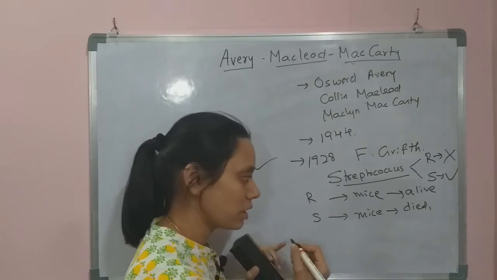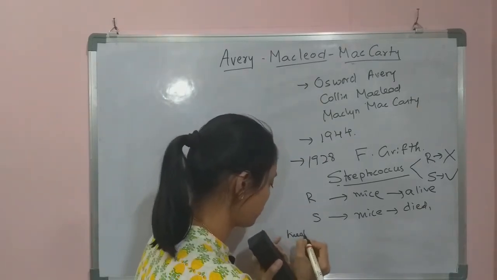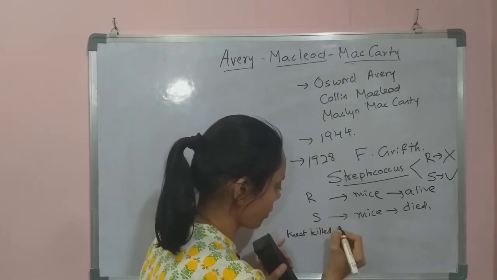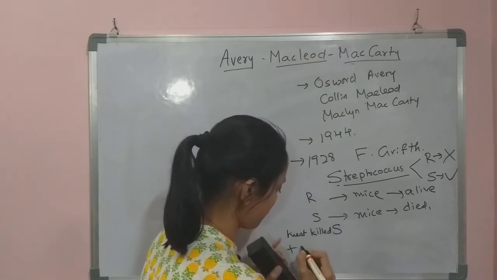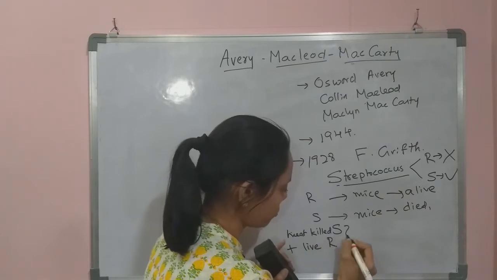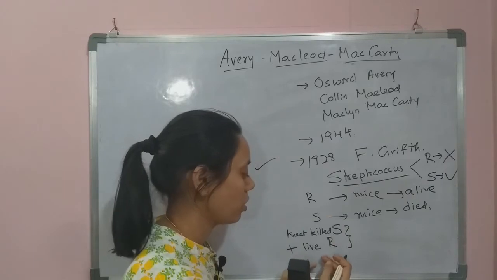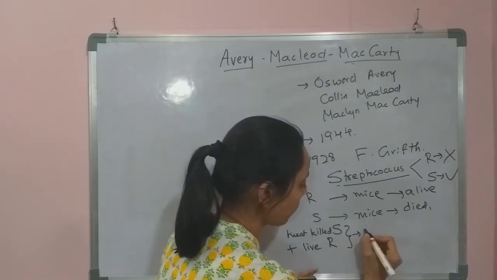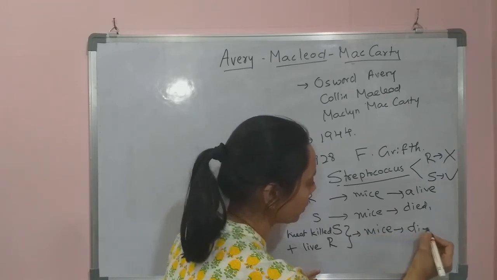In the next step, he used heat-killed smooth strain along with live R strain. When he allowed the mice to be infected with this combination, the mice eventually died.